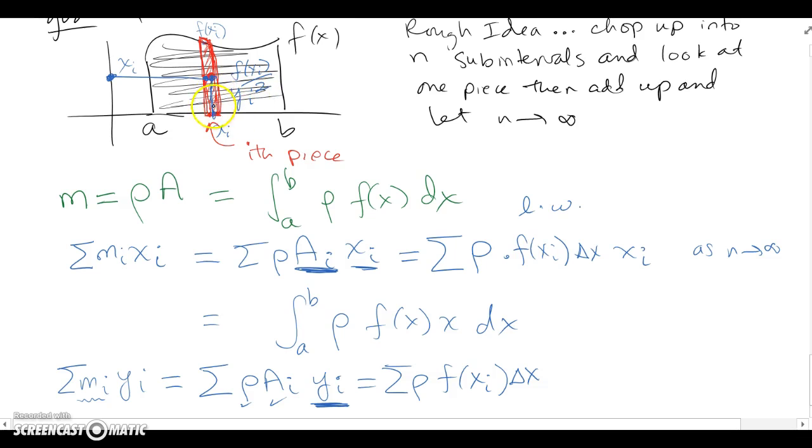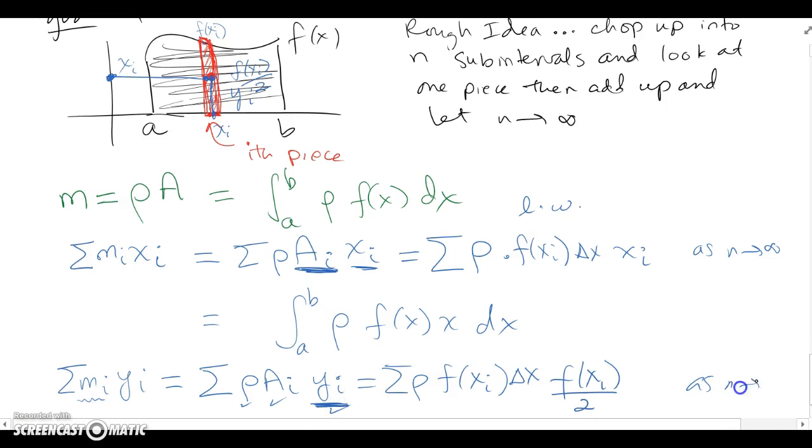So basically yi is halfway between here and here, so it must be f of xi over 2. I can think of this as a point mass concentrated right there, so that point mass is half of f of x sub i away from the axis, which it has a tendency to rotate about. So my yi right here is really just f of x sub i over 2. So I took care of that as well.